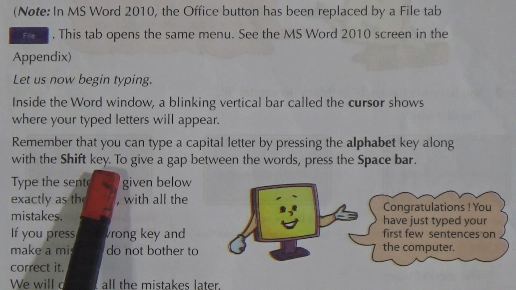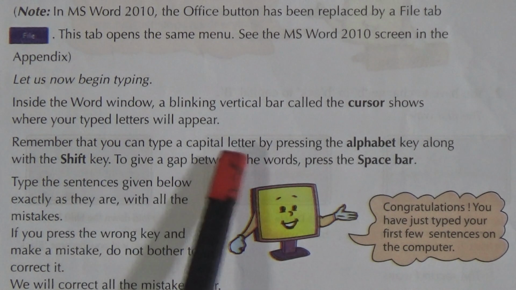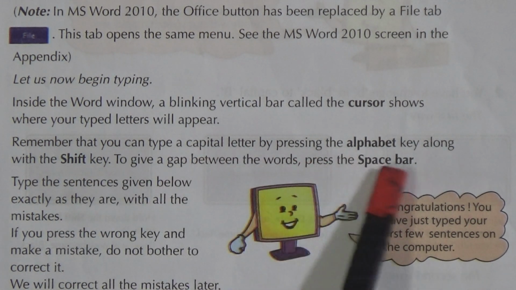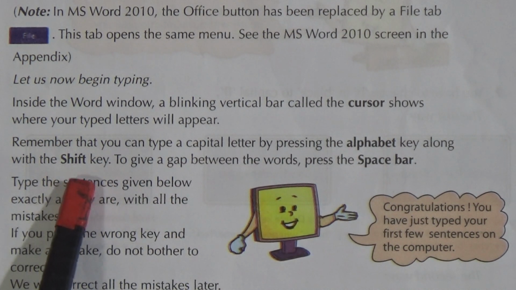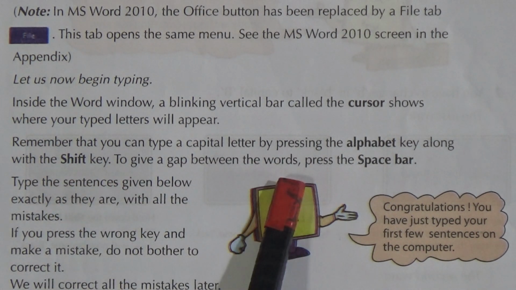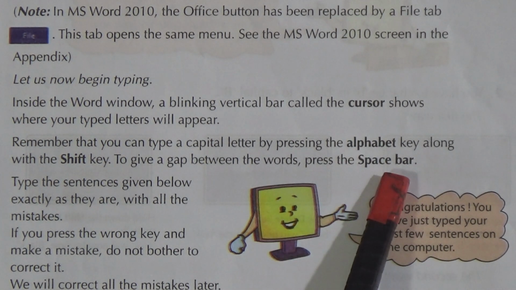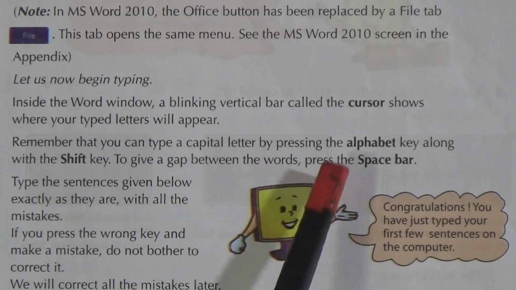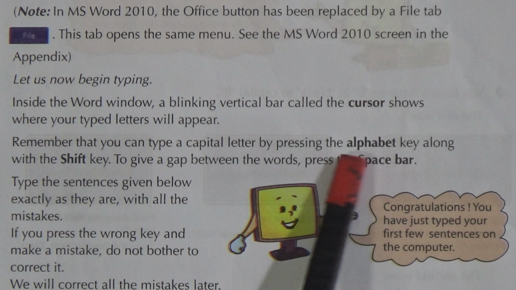So dear students, if you want to write capital letters, maybe you remember from the earlier lessons, you can press the alphabet keys along with the shift key. To give a gap between the words, press the space bar. If you want to make space, you can press the space bar.